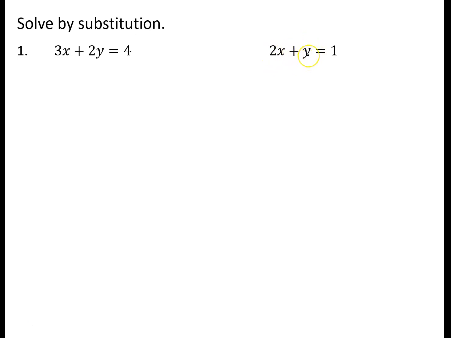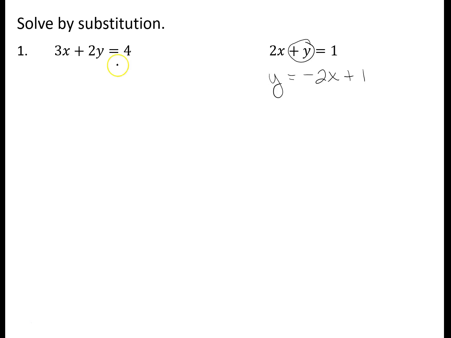So there it is. This y right here is the variable that I want to isolate because it has a positive 1 as its coefficient. I can isolate it in one step. So I'm going to leave the y on the left, subtract the 2x, we still have a positive 1. And now the y is isolated.